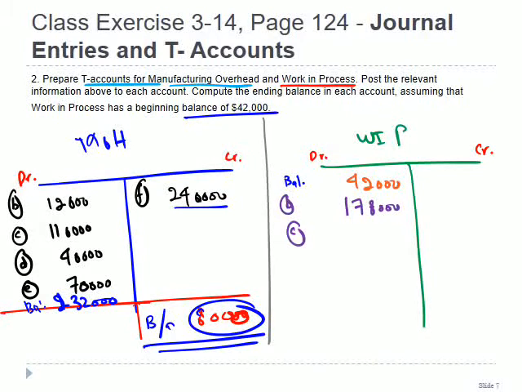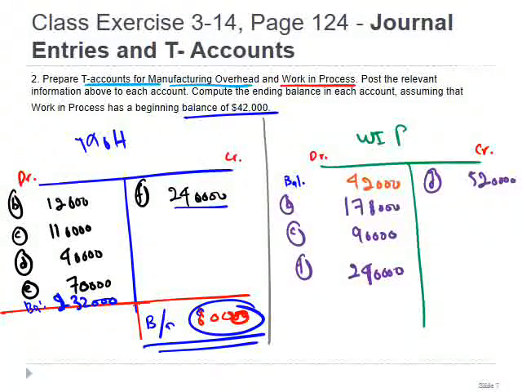From C, it is debited by 90,000. From F, it is 40,000, work in process applied from manufacturing overhead applied here. And from G it is credited by 520,000.